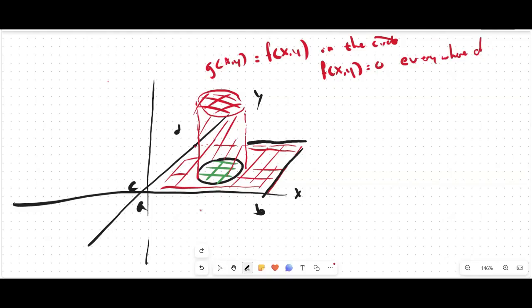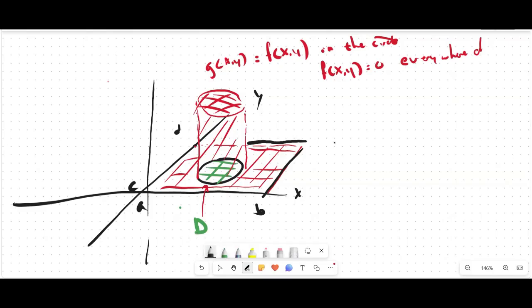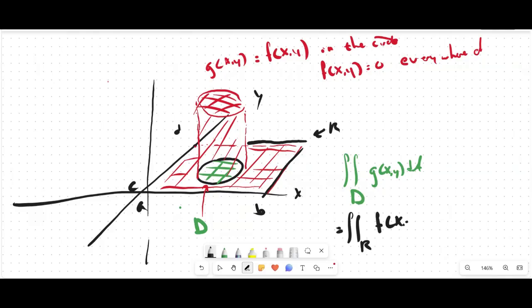Well, then if the disk, we'll call the disk D, and the rectangular region R, then we should have the integral over the disk of G is the same thing as the integral over the rectangle of the function f. Right?